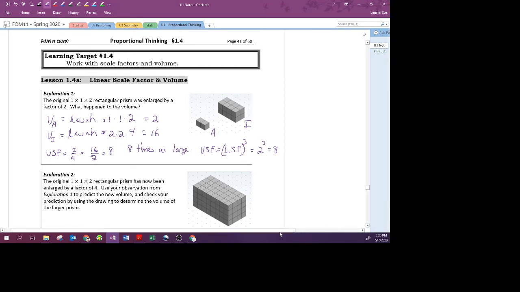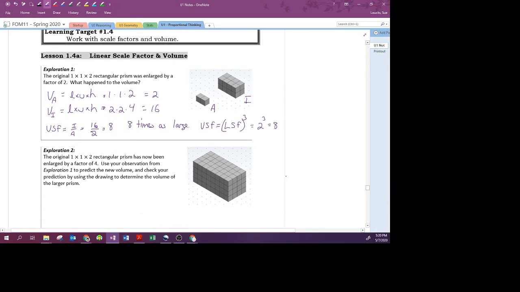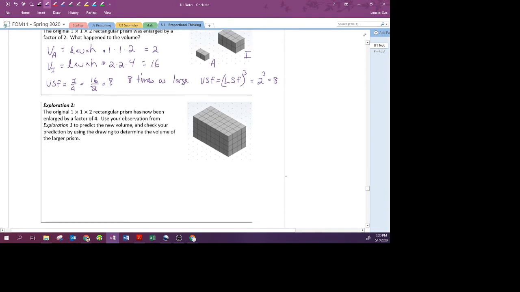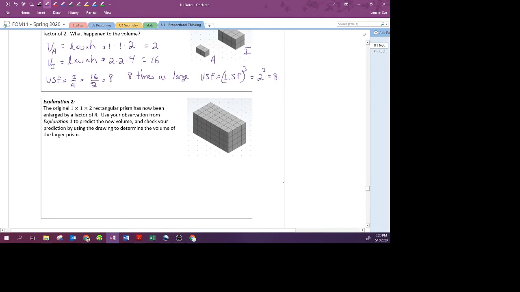Let's use that to predict the new volume of this collection of cubes, this rectangular prism where it's enlarged by a factor of 4. So the volume scale factor is the linear scale factor cubed, which now is 4 cubed, so that's 64.